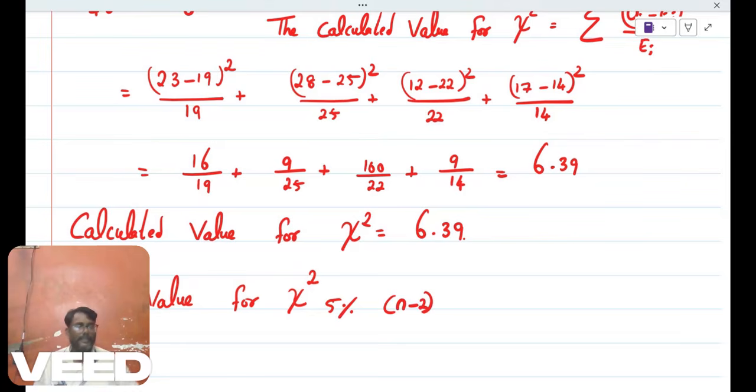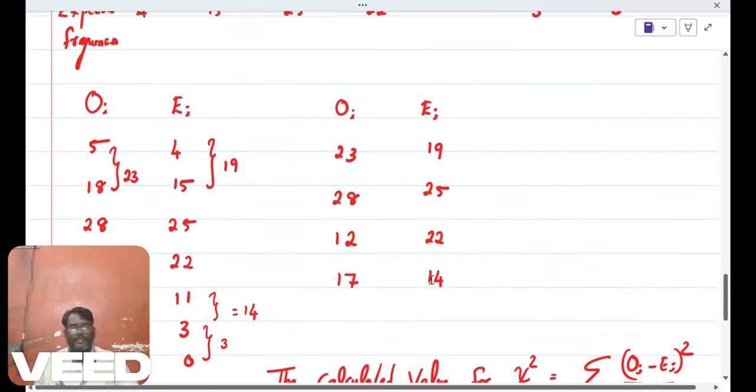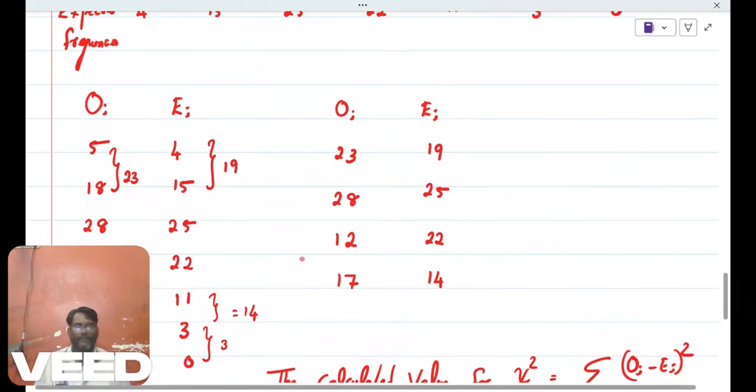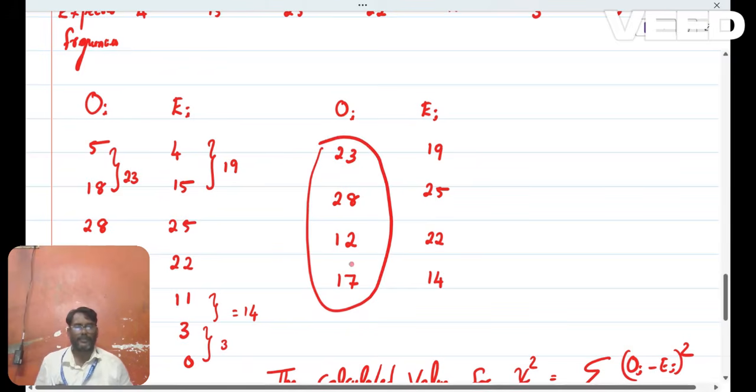Here n denotes the number of observed and expected frequencies involved in the calculation of chi-square, which is 4: 1, 2, 3, 4.